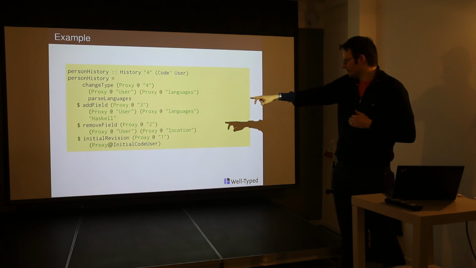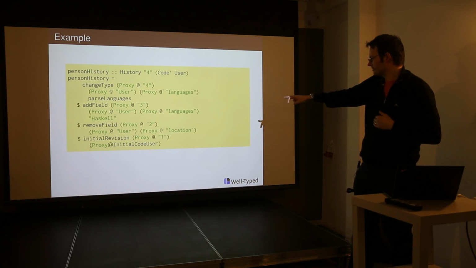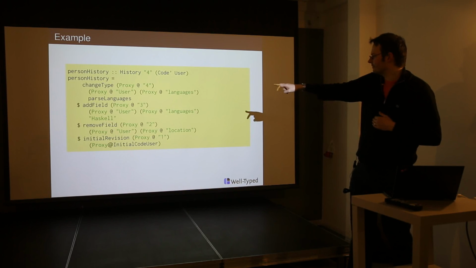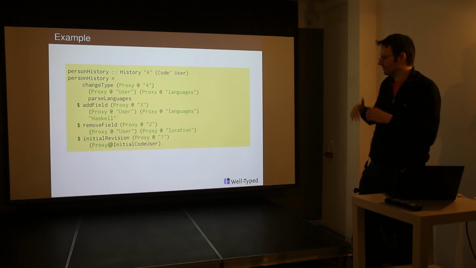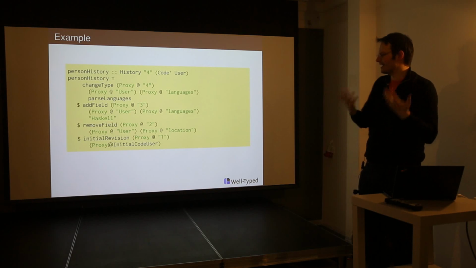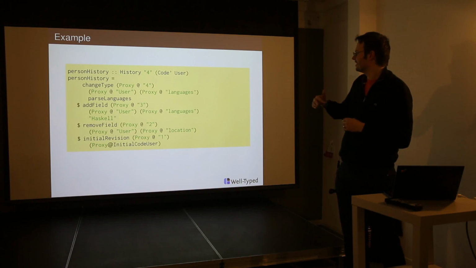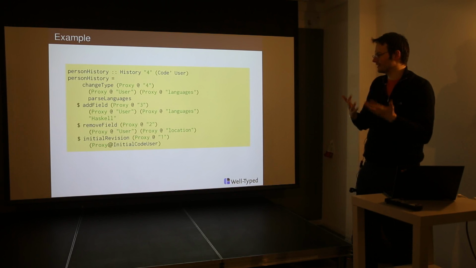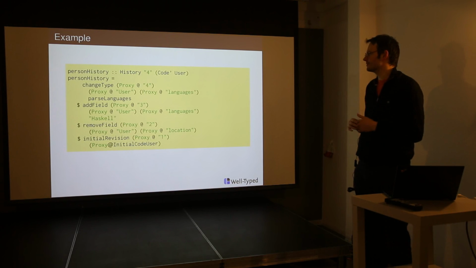At the bottom is the initial revision, which was version 1, and then we removed the field location, and then we add the string field languages, which I give a default value of the string Haskell, and then I change the type of the field languages from string to list of language.